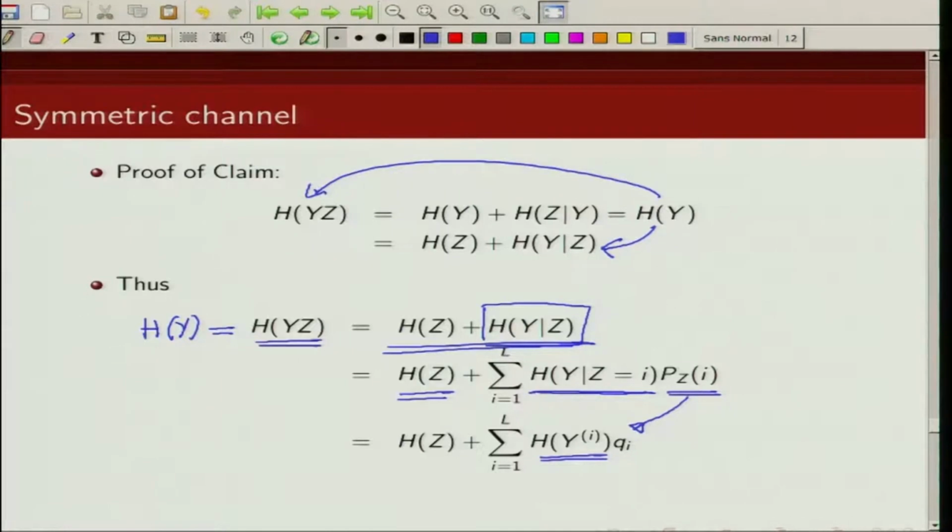So, I can write the uncertainty in y given z is i as the uncertainty in yi. So, then I can write this expression as h of z plus the summation of h of yi into Qi, summed over all L such channels.